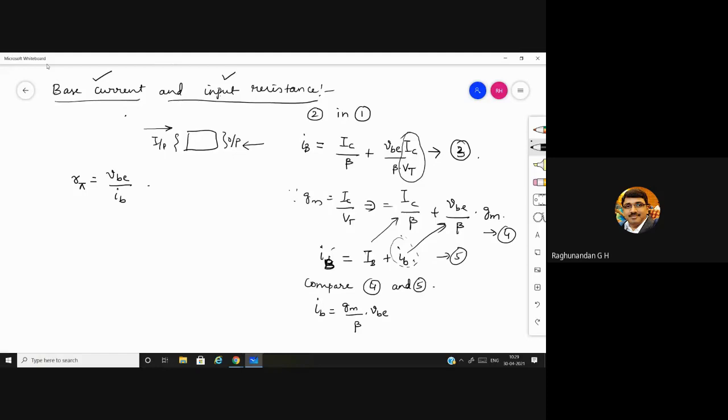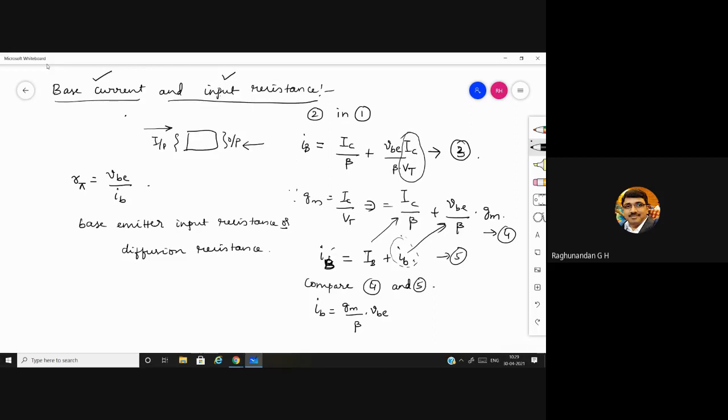So this is known as base emitter input resistance. Also, it is known as diffusion resistance. So this is about the base current and input resistance equation.